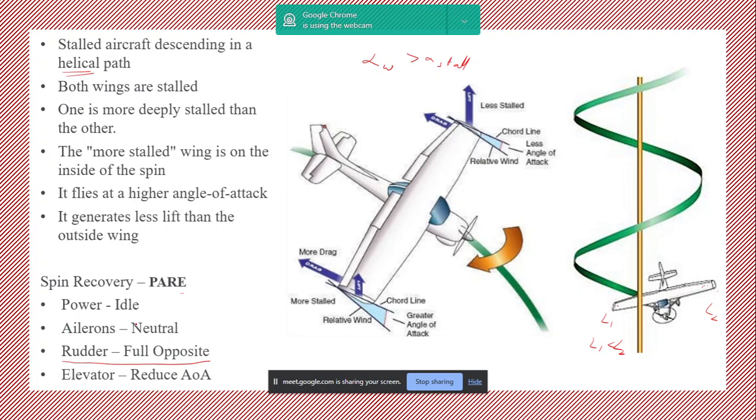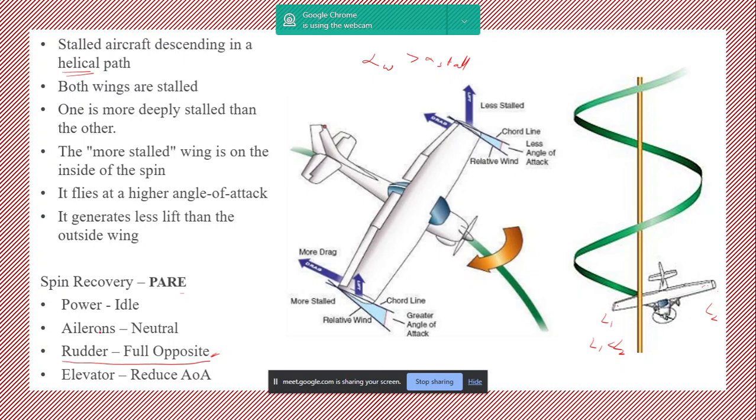Why do you put ailerons neutral? Because when it recovers, you need both your wings to have the same angle of attack. If your ailerons are unbalanced, each wing will still have a different angle of attack, and it will have a chance to continue down that spiral or a different spiral.